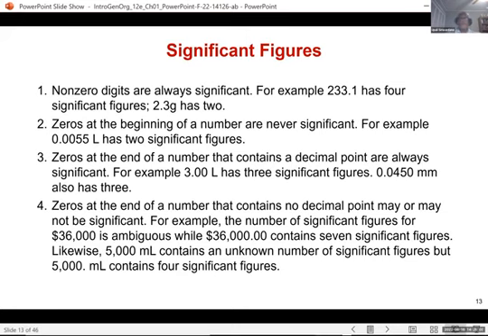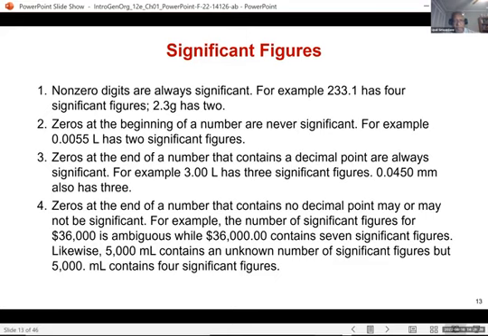When there are zeros, leading zeros are not significant. You see that 0.0055 has leading zeros. You begin with the zeros until you hit another number. Those 3 zeros are not significant.